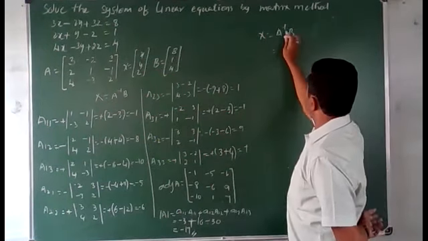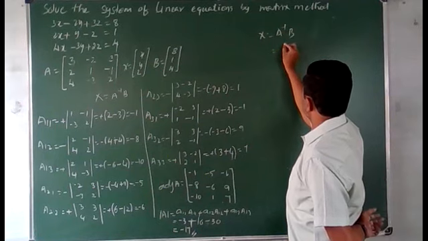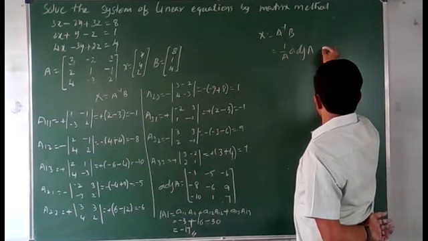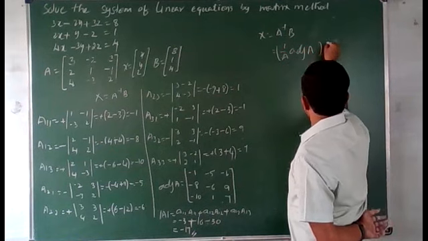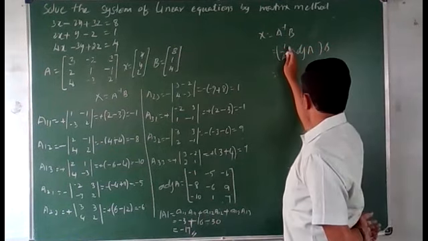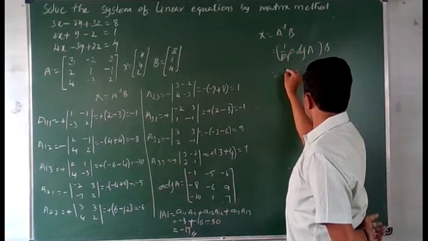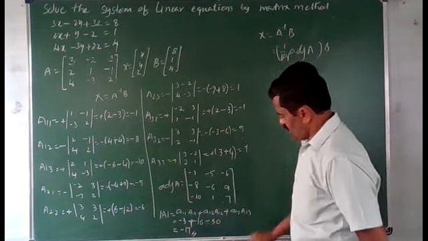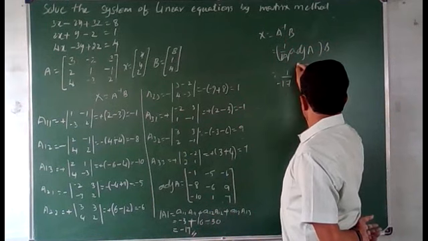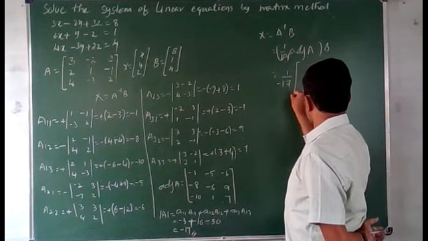Again, that is equal to A inverse. You know what A inverse is? That is 1 divided by the determinant of A into adjoint A, into B. You can write it directly also. That is equal to 1 divided by the determinant value, here we have minus 17, into the adjoint matrix. What is the adjoint matrix?